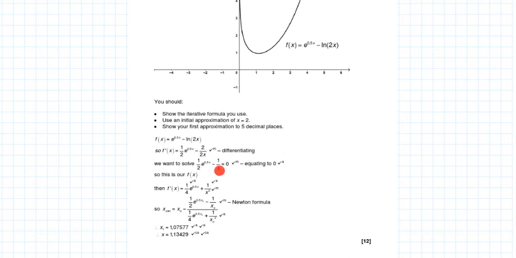So that's my function. So I need its derivative, because in the formula which is given, what is that? Xn plus 1 is equal to xn minus f of xn, and then divided by derivative of f of xn. So this f of xn here is the one above, the first derivative.